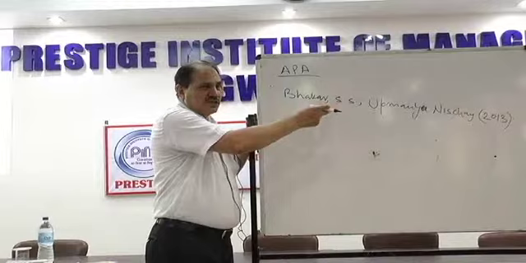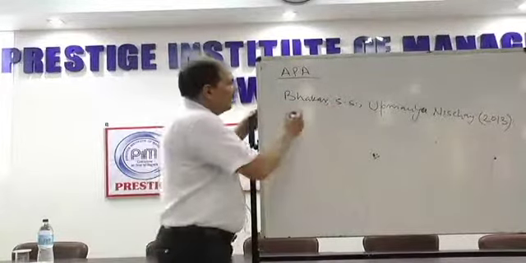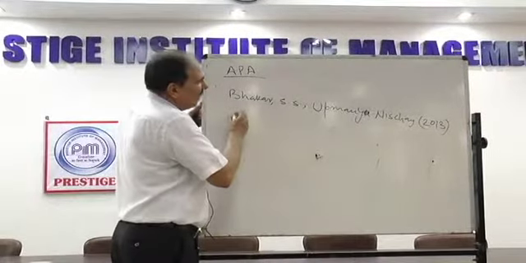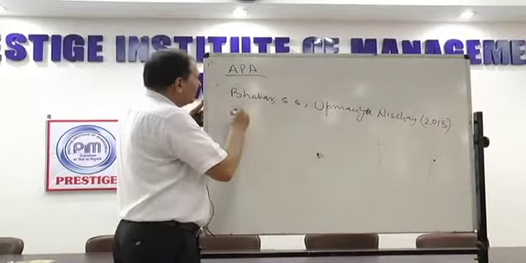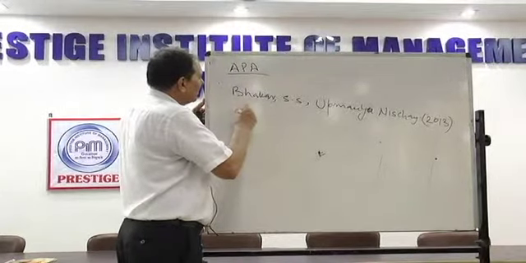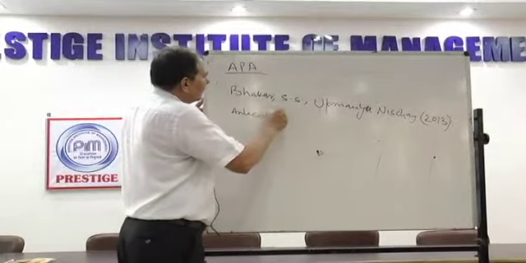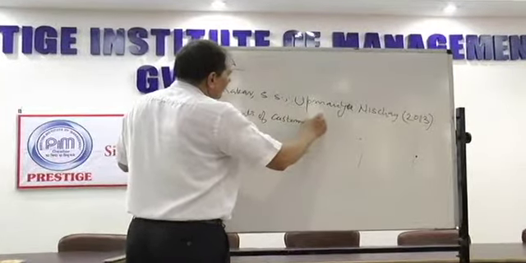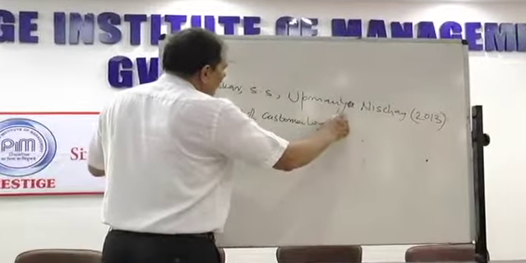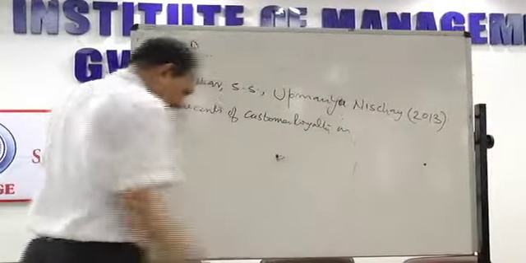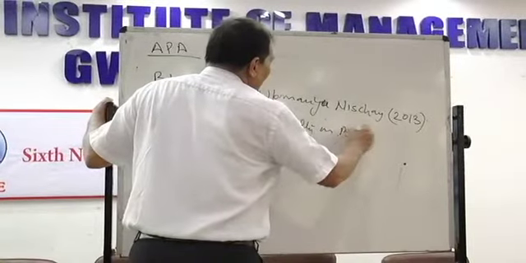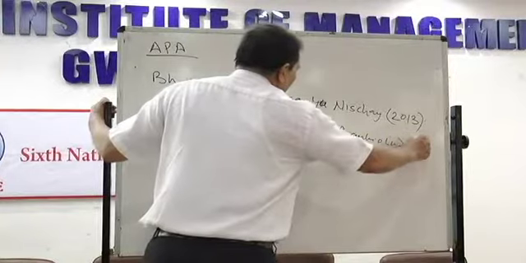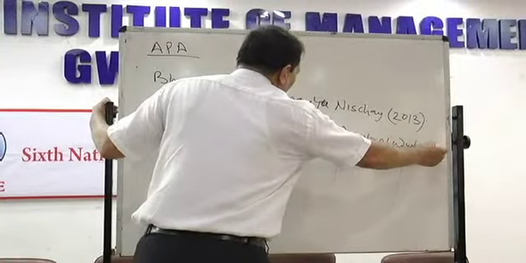Now write the topic of research. And the topic of research, I'll be working out from there. I'm writing not the real one: Antecedents of customer loyalty in banking industry. Okay, full stop.